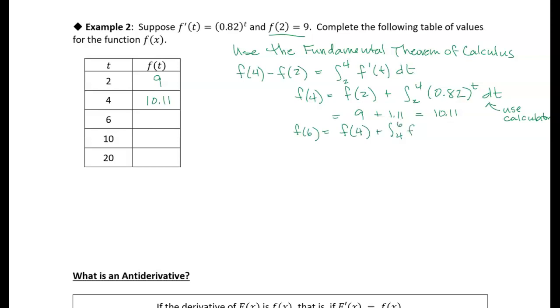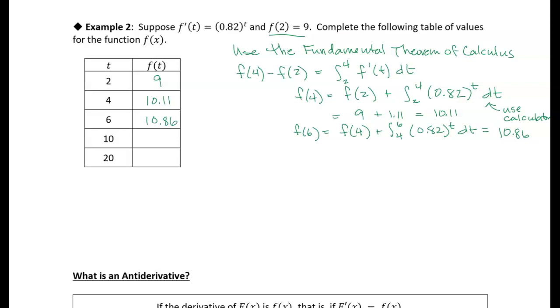But I guess I'm just going to write the function, so 0.82 to the t dt. Okay, and that's just a matter of putting it in the calculator, and I'm going to use 10.11, and add that integral that I get from my calculator, and when I do that I got 10.86. So fill in that value.